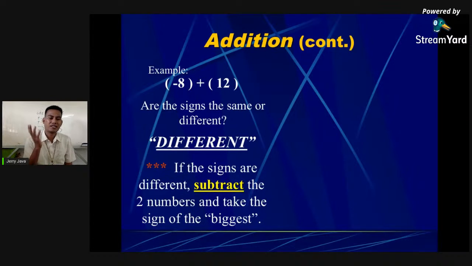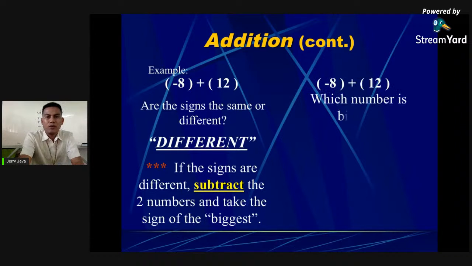Majority wins. Please copy that. If the signs are different, subtract the two numbers and take the sign of the bigger number.